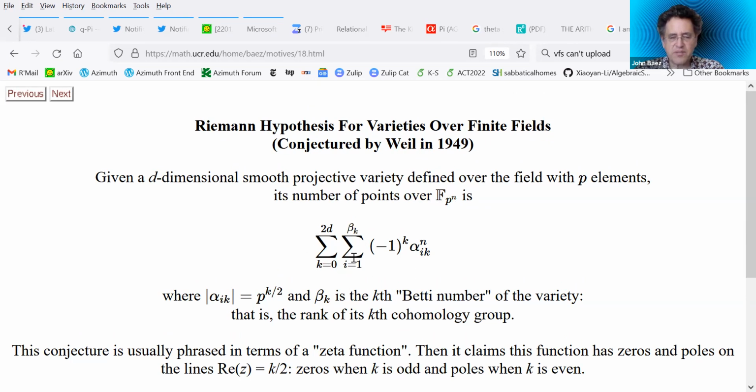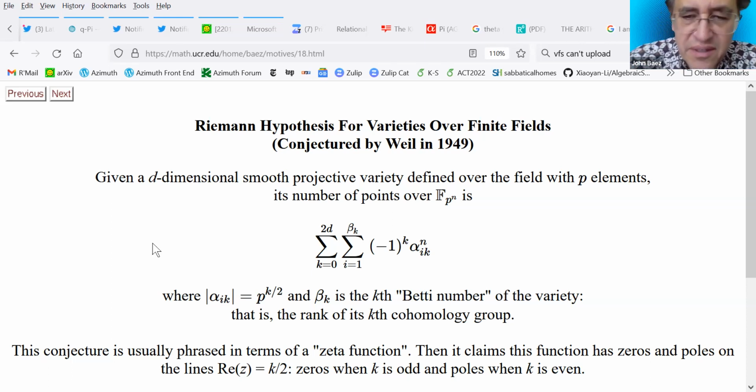And then each dimension of your variety breaks up into these chunks called motives, and they contribute a number of points that grows like q to some number over 2. So if the p here was the q that I'd been talking about, then these alphas would be these vague q numbers.